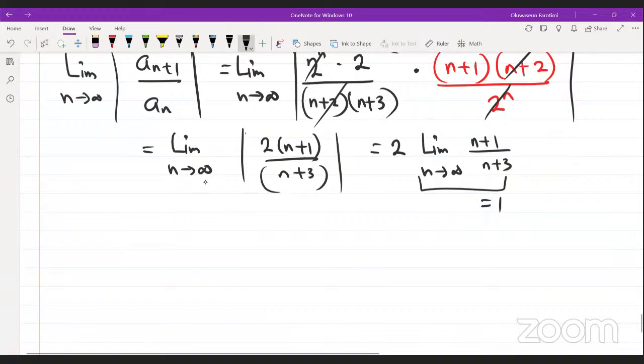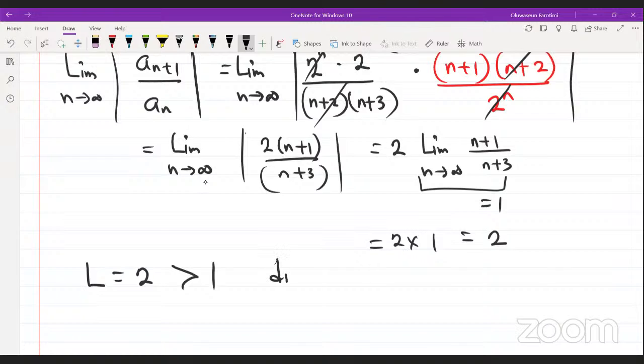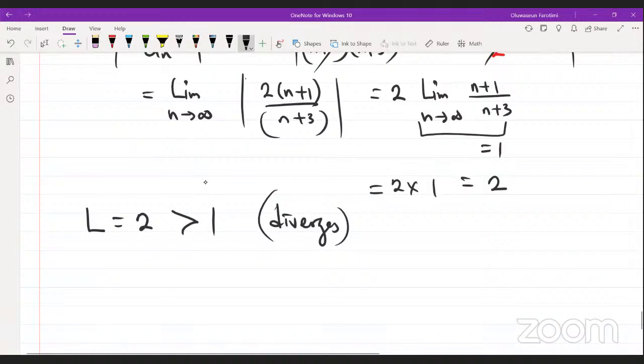So that means you have 2 times 1, which is just 2. Now, that means my L is 2. What kind of number is 2? Greater than 1. What's the conclusion, guys? Diverges, okay? So what diverges actually? The series is divergent.